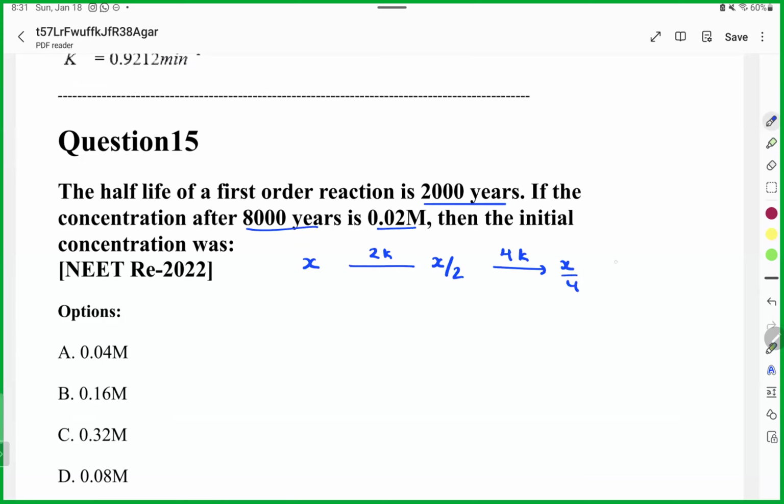After 6000 years, one more half lifetime, it will be X by 8. And after 8000 years, it will be X by 16. Correct? So after 8000 years, X by 16 is equal to 0.02. So what will be your value? Option C.